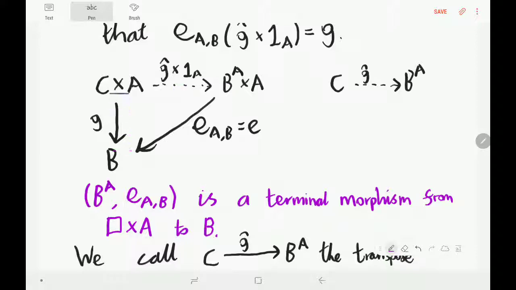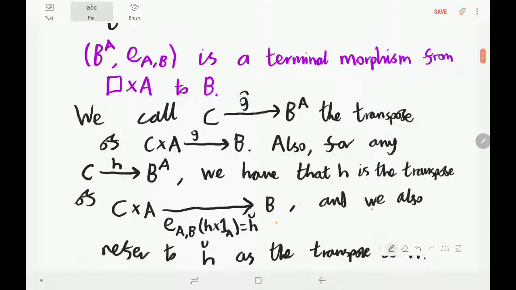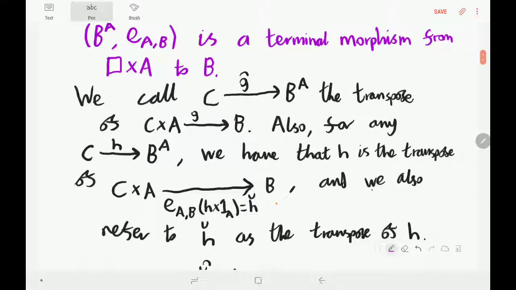And so that composition will give us an arrow, which we can call H cup. And H cup has the property that H is actually the transpose of H cup.